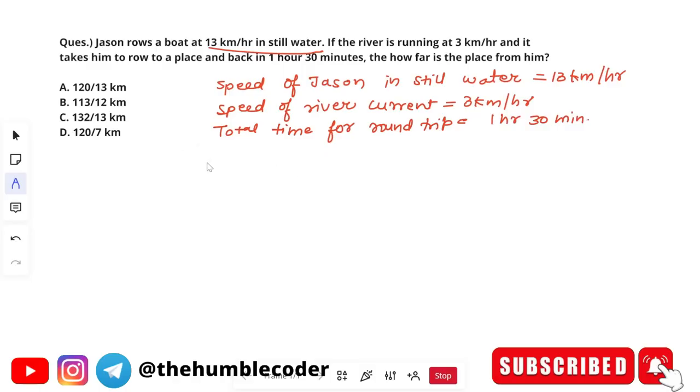We need to find how far the place is from him. Based on this data, there are two speeds that we can deduce. The first speed is the speed while going, which is also called downstream. That is 13 plus 3 kilometers, which is going to be 16 kilometers per hour.